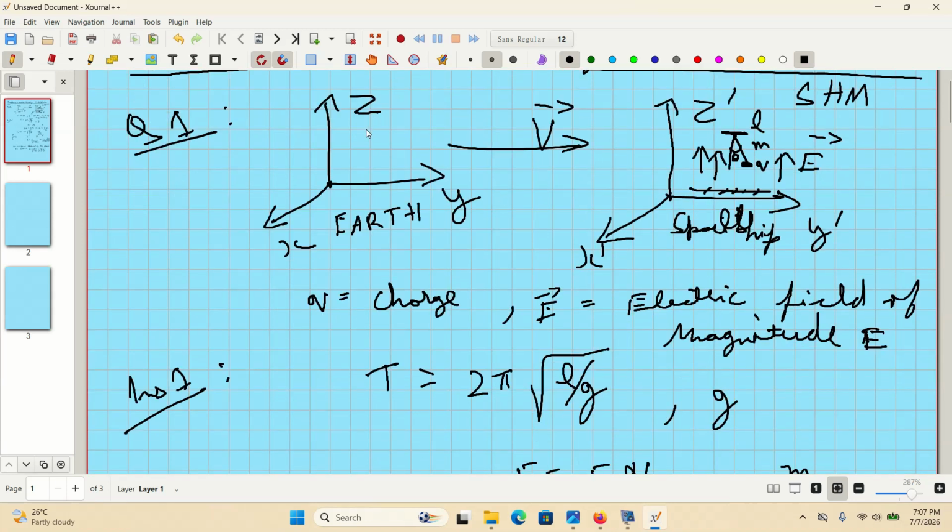The question was, what is the time period observed by an observer on Earth for this pendulum in this spaceship?